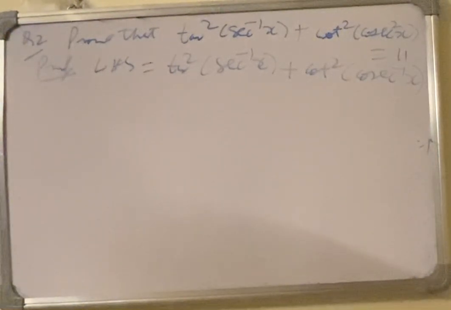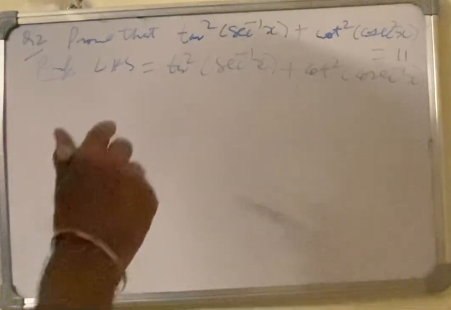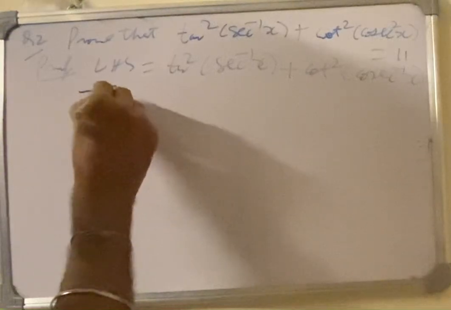Therefore, we change tan square into secant square. You know tan square theta is secant square theta minus 1.